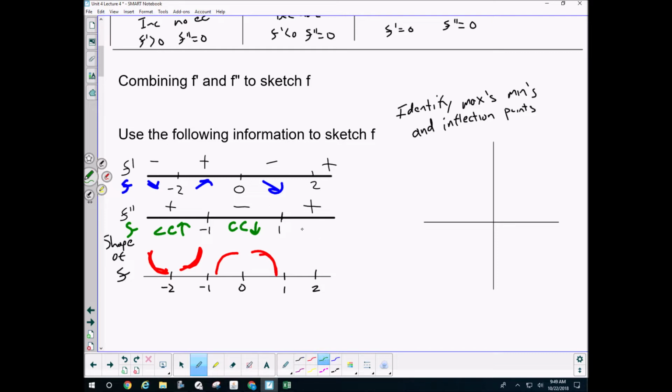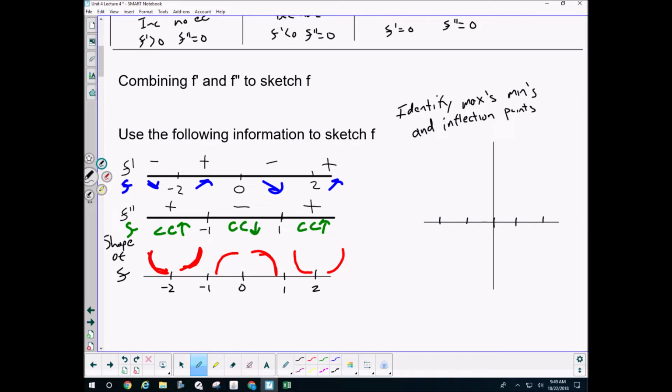Going down, concave up, back to where we started. Going up, concave up. Okay? And you now can understand what the graph of f's shape looks like.